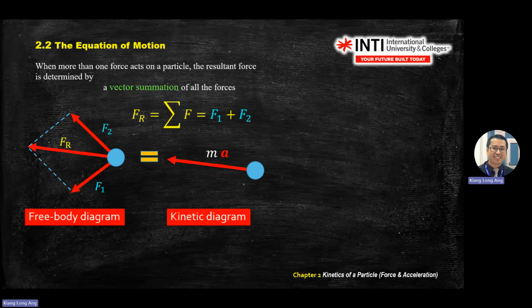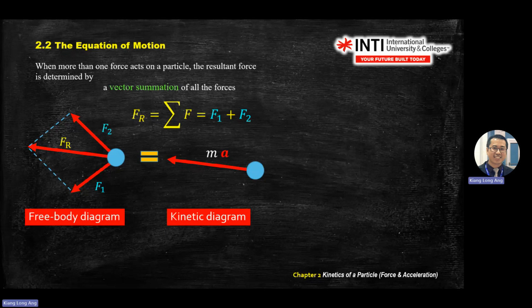Every time you draw a diagram, in statics you only have one diagram, but for engineering dynamics you have two diagrams. On the left hand side you have the forces, which is called the free body diagram. On the right hand side you have ma, which is called the kinetic diagram.